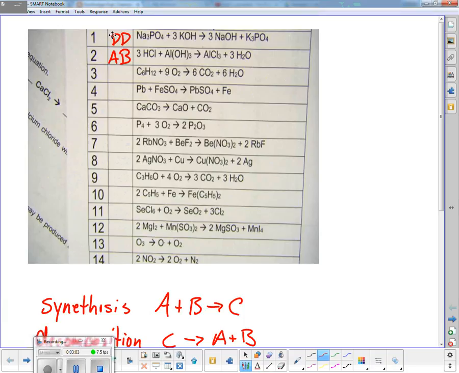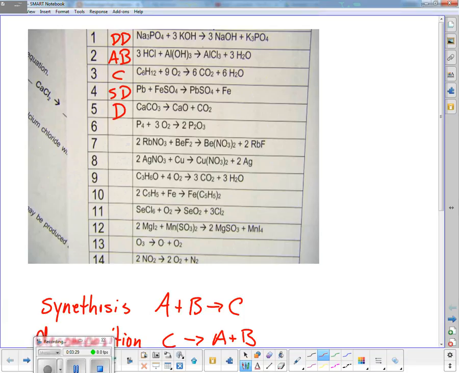Here I have a carbon compound plus oxygen giving me carbon dioxide and water. Combustion. Here I have an element plus a compound giving a new compound and a new element. Single displacement. Only one thing got displaced. Here I have a compound breaking down. Decomposition.